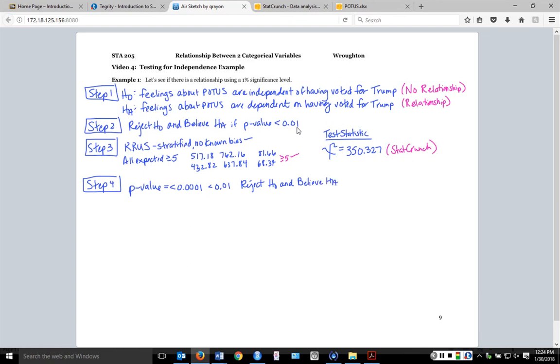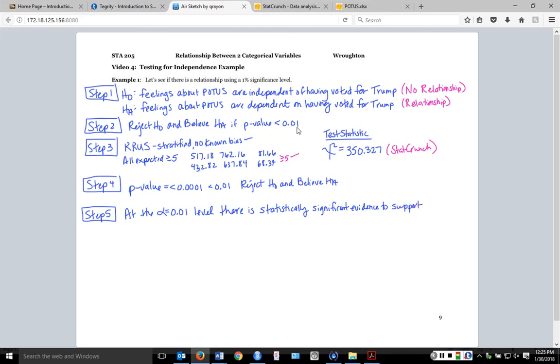So finally, our last step is to put this into words that make a little bit more sense of what this all really means. So we're going to start with our significance level. Since we rejected, there is going to be statistically significant evidence to support.